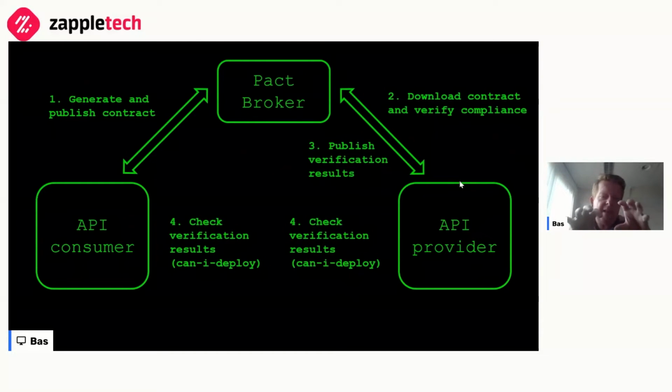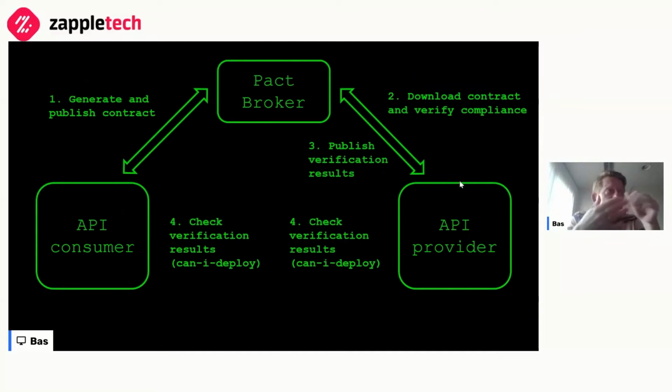And the final step is that both the consumer and the provider can then query the broker, which has all the contracts and all the contract verification results, to see, well, A, has everybody uploaded their contracts and the verification results? And B, are there any known integration issues?